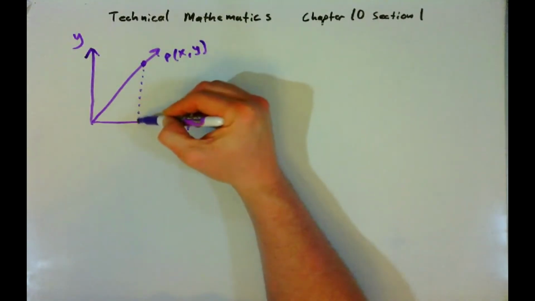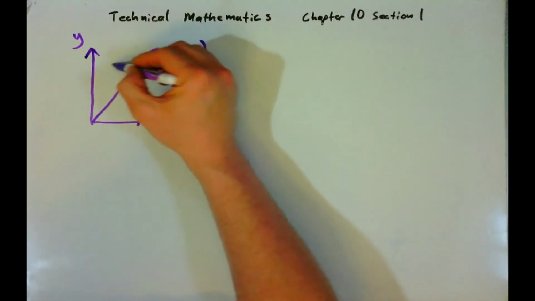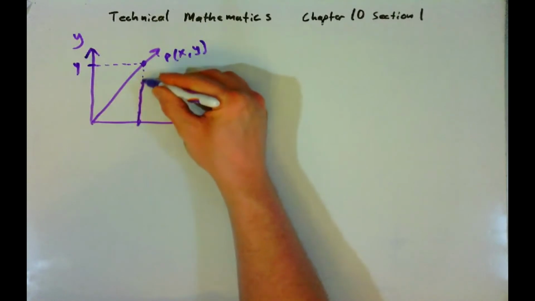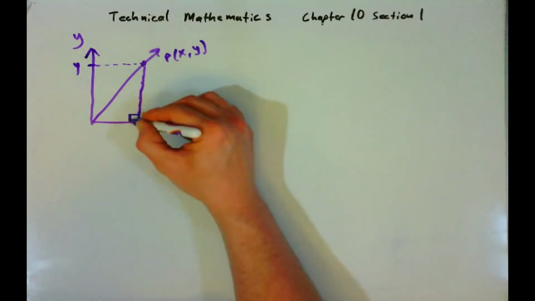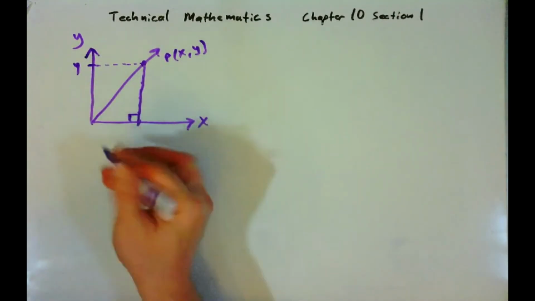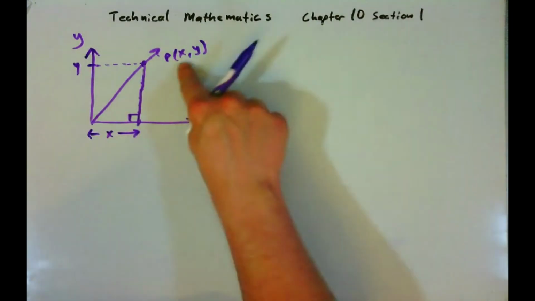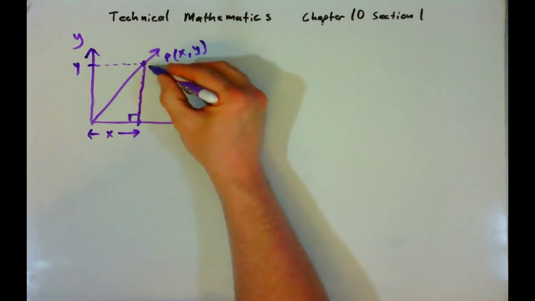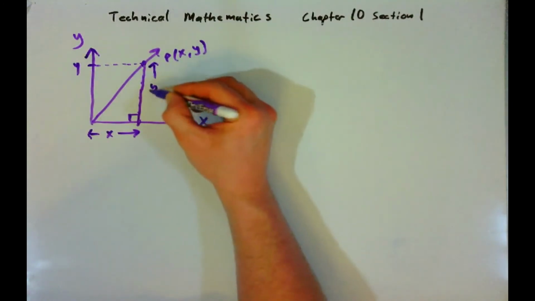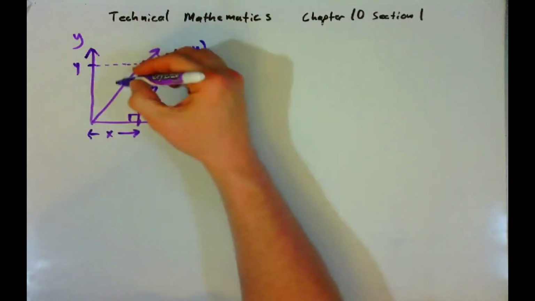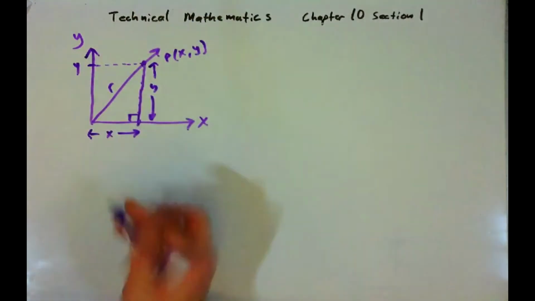So this is the x coordinate, this is the y coordinate, and this forms a right triangle right here, and the length of this side of the triangle is whatever the x coordinate of our point is. The length of this side is whatever our y coordinate of the point is, and this side is the hypotenuse. We'll label that as r.